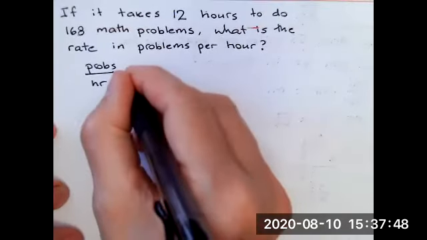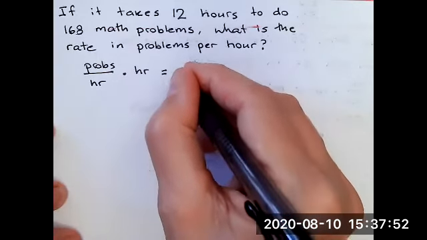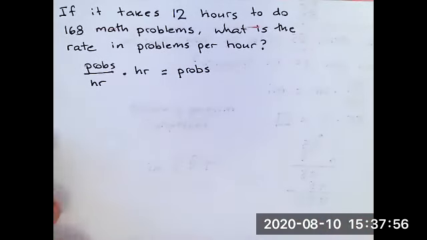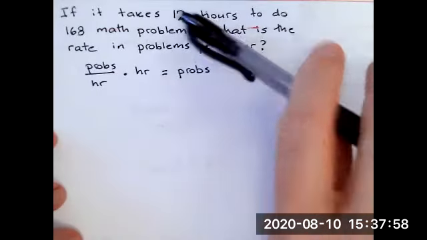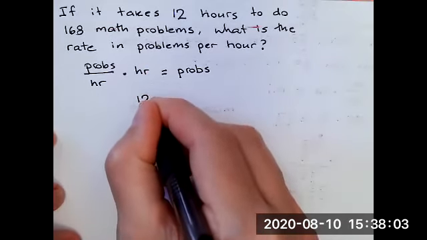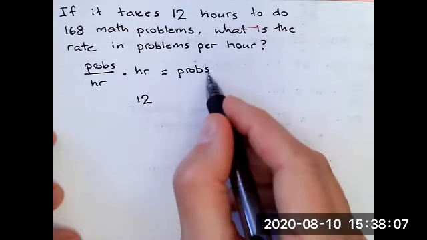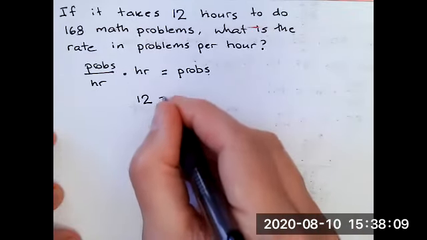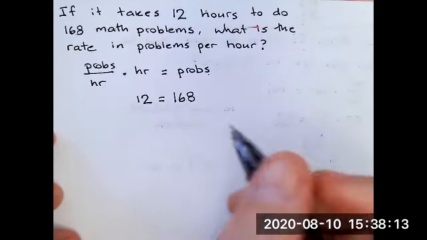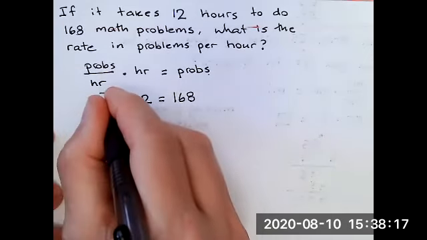Problems per hour times the number of hours equals the total number of problems. Well, 12 is the number of hours, so let's put that under hours. 168 is the total number of problems. And what we're looking for is the problems per hour.